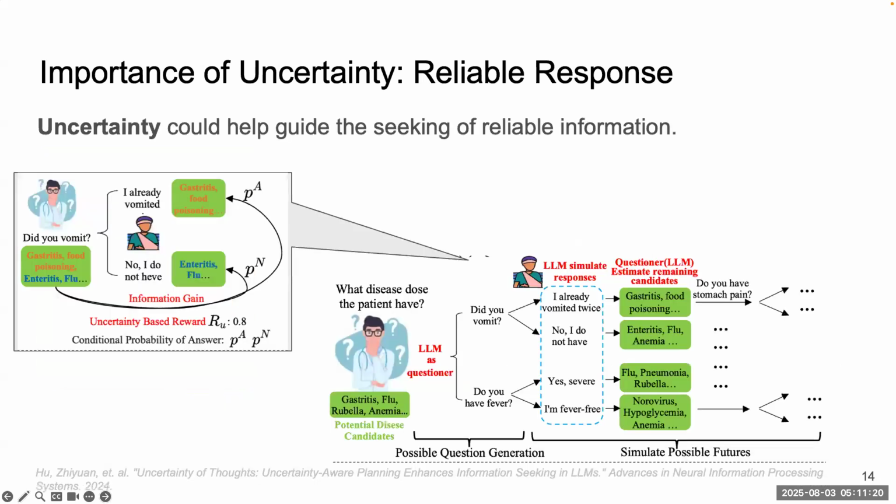And then another example here, we can think of question answering or reasoning as a process of information seeking. Like I said, if I'm giving you more information, then you, the language model, are an information seeker.